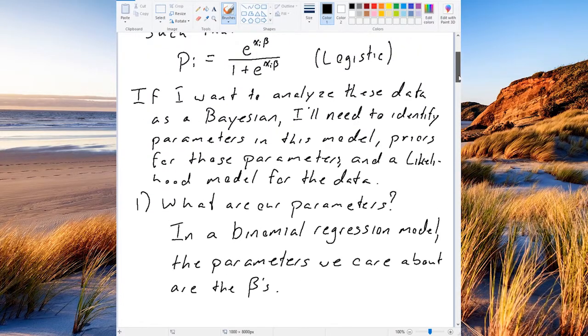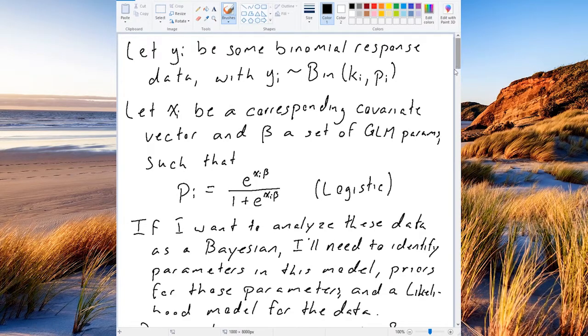Now in a normal regression model, we often have to worry about both the betas and some error variance. Why do I not have an error variance I need to worry about in a binomial regression model? Well, this is one of the things that makes binomial regression a little easier for us as Bayesians than normal regression. The binomial distribution, where I have a known number of trials, is a one parameter family, because my only free parameter here is pi.